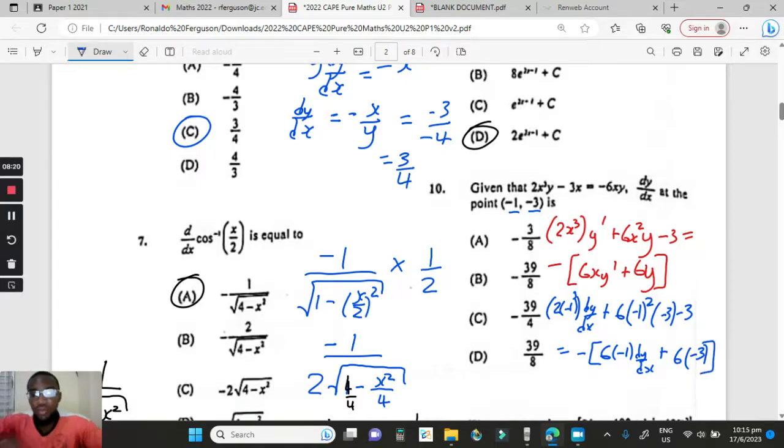Then we'll put all of that in the calculator now. 2 times negative 1 cubed is negative 2. That's negative 2 dy dx.